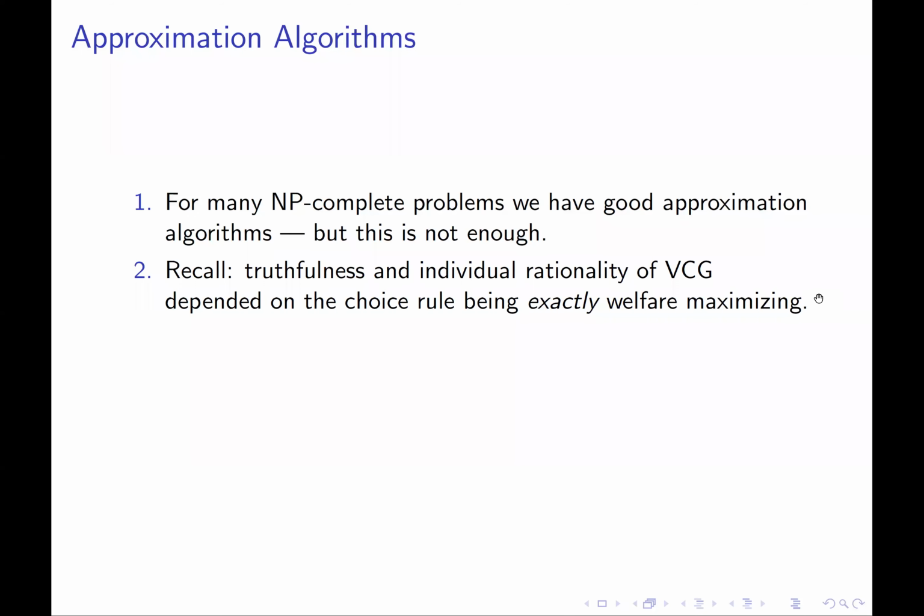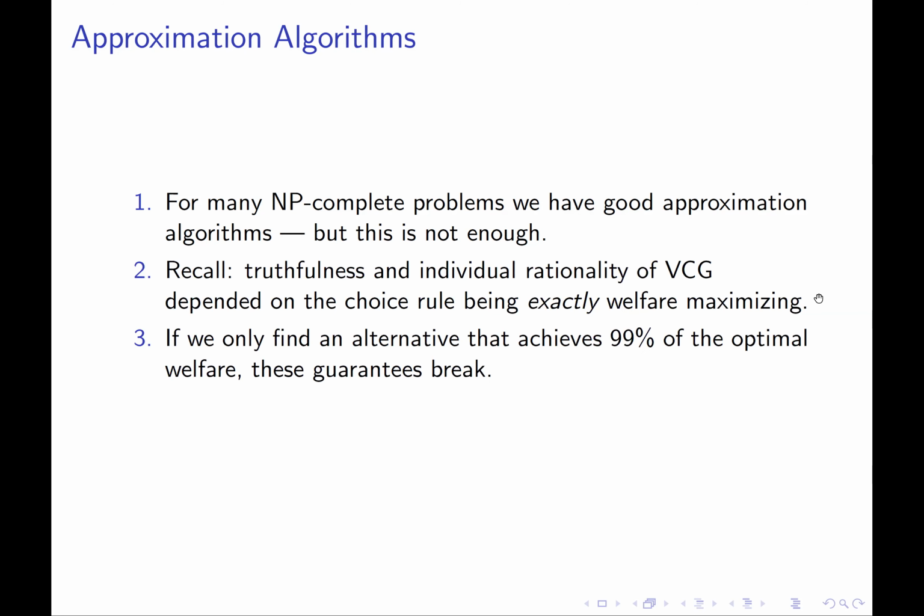Just to remind ourselves why this is going to be a problem, if you think back a couple of lectures ago to where we were proving all of these nice properties of the VCG mechanism, in particular, when we were proving that the VCG mechanism was dominant strategy truthful and individually rational, there were a couple of steps in these proofs in which we invoked the property that the allocation picked by the VCG mechanism was the one that exactly maximized social welfare.